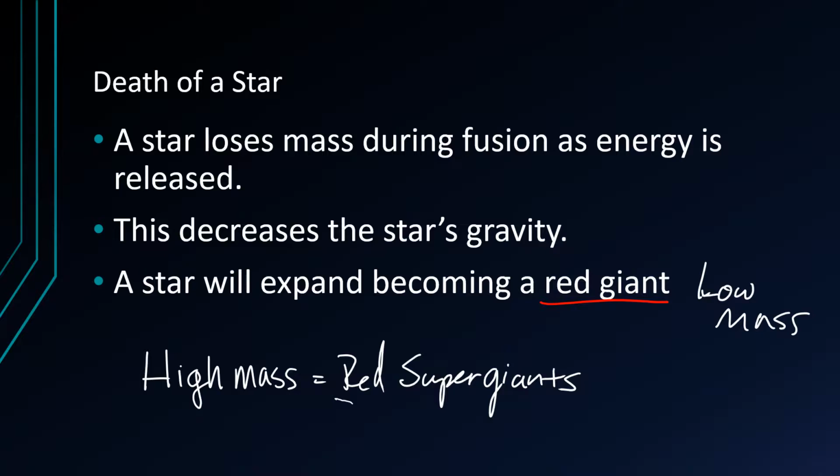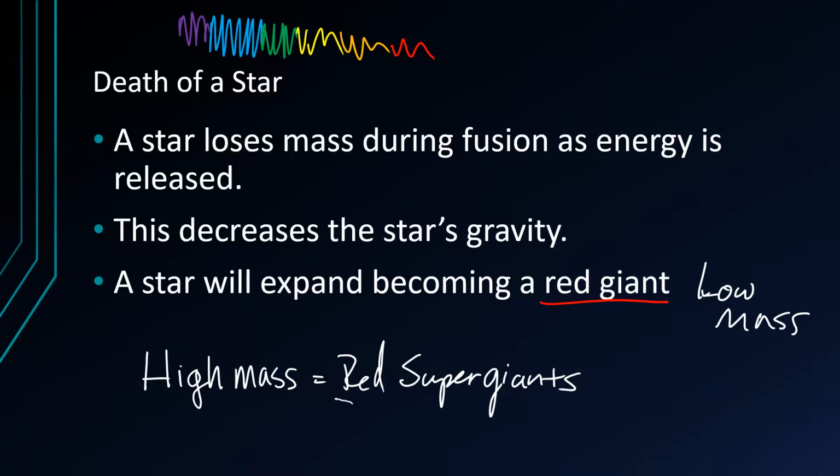Now, why does it become red? Because if we think about our EM spectrum, we have blue, green, yellow, just kind of orange, red. I forgot to do violet. But anyway, we have our little EM spectrum.